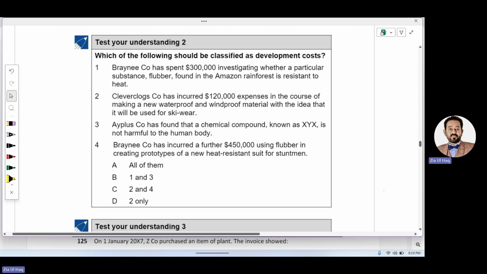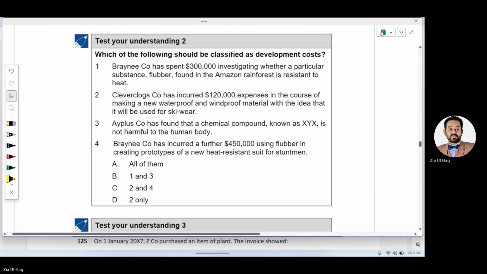Okay. Test your understanding 2. Which of the following should be classified as development cost?